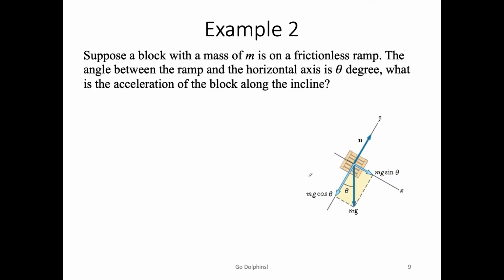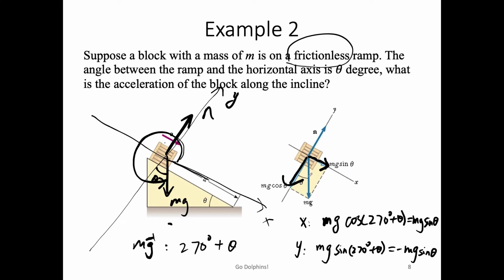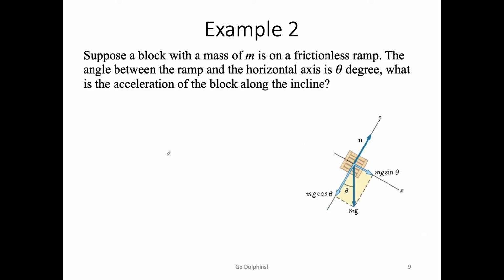We can just imagine there would be no motion in the y direction at all, right? The box is moving along the ramp, so the motion is in the x direction. There's no motion in the y direction.